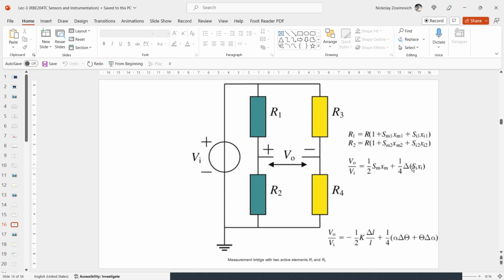We should notice that in this system, the sensor resistance is just R at a particular initial value of the measurand and at zero interference. Assuming both sensor parts experience the same measurement signal and have equal but opposite sensitivities to the measurand, the bridge output voltage satisfies approximately the equation right here.